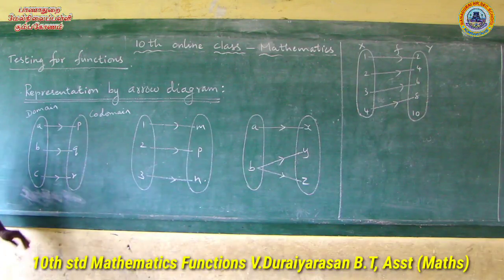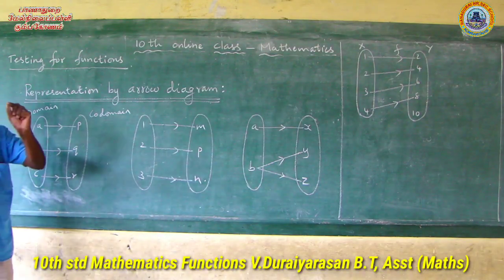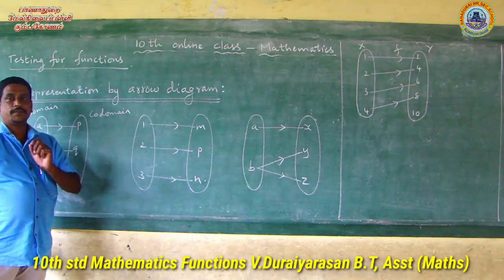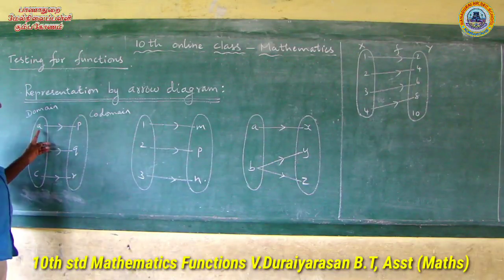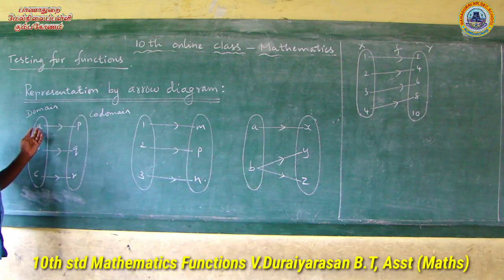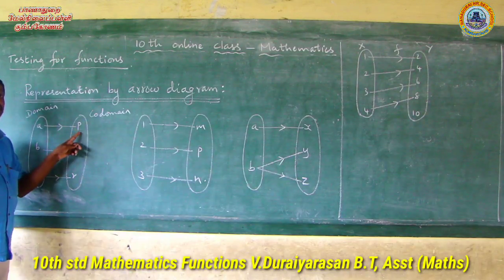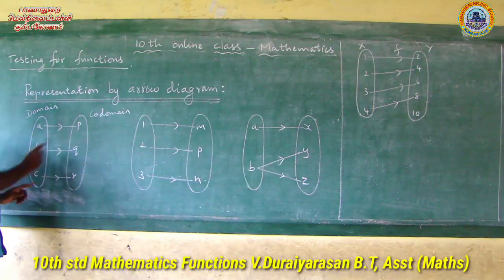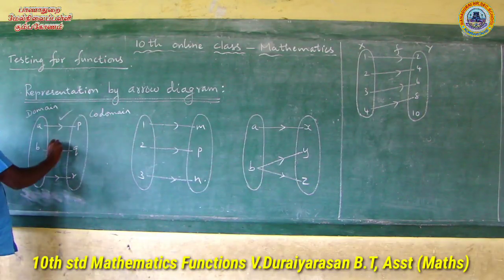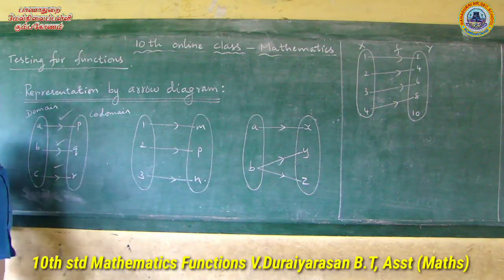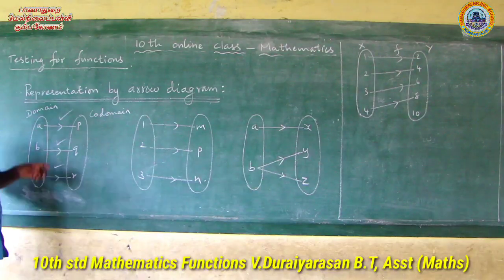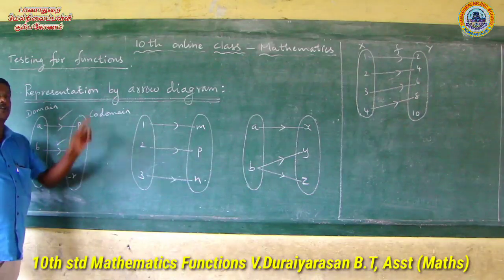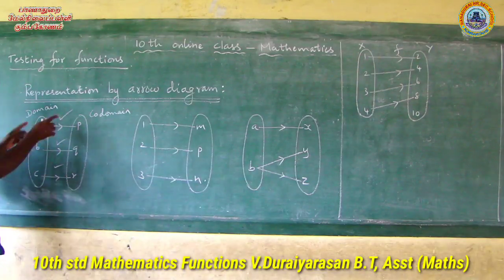First, what is the first statement? Every element in the domain has an image in the codomain. So the first statement is okay: A to P, B to Q, C to R. The second one: each element of the domain has a unique element in the codomain. Is it okay?